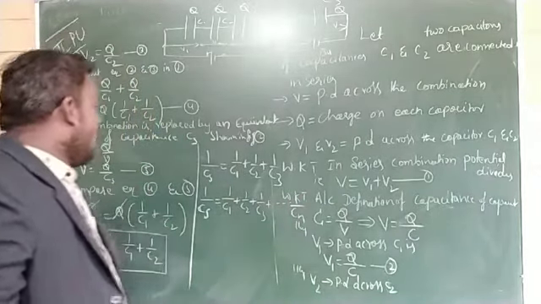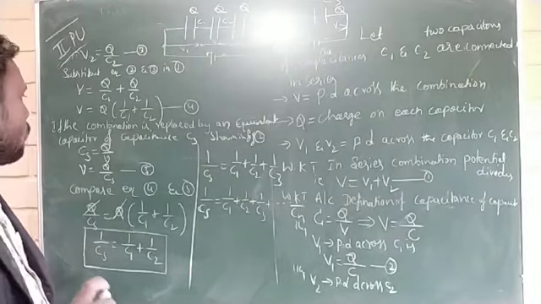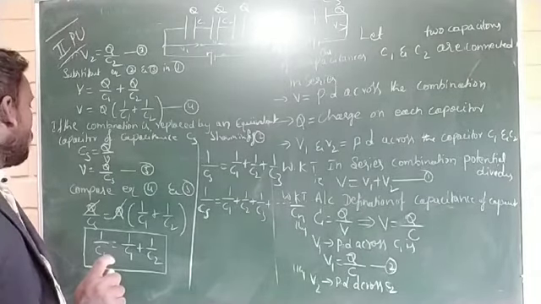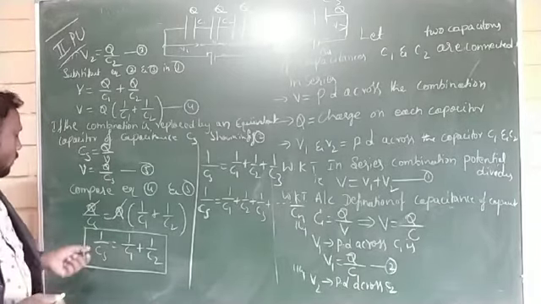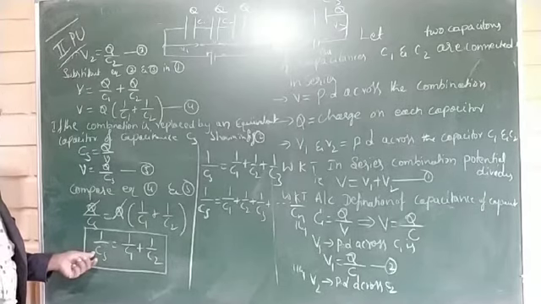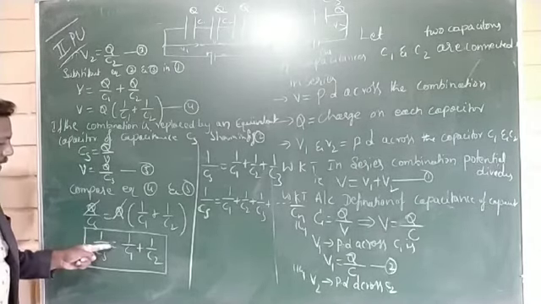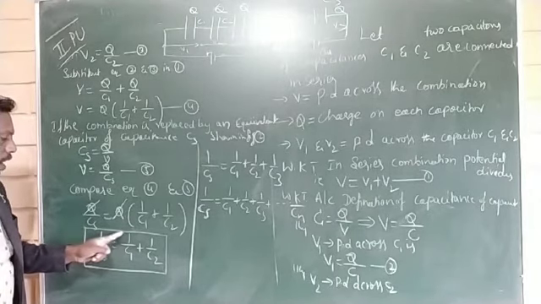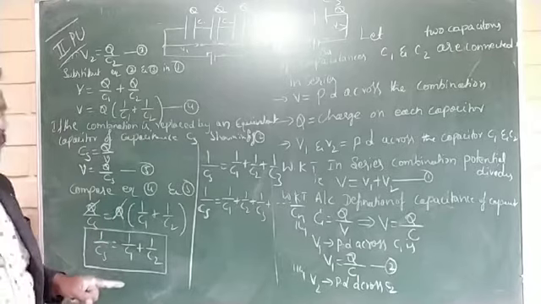After that, you write our statement. Note down the statement. The reciprocal of equivalent capacitance is equal to the sum of reciprocals of individual capacitors.